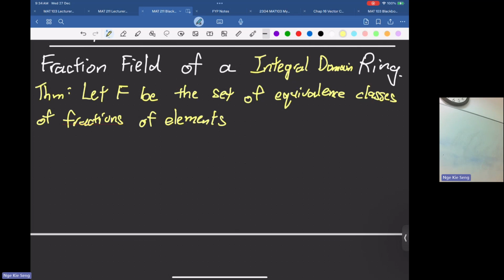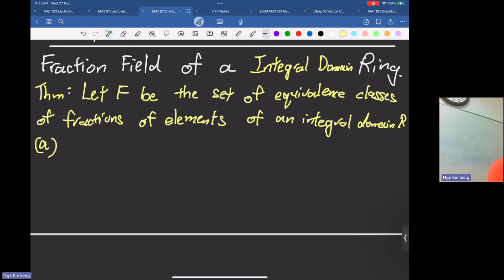What is in the equivalence class of 1 over 2? 2 over 4, 3 over 6, 50 over 100, and so on. They live in the same equivalence class.